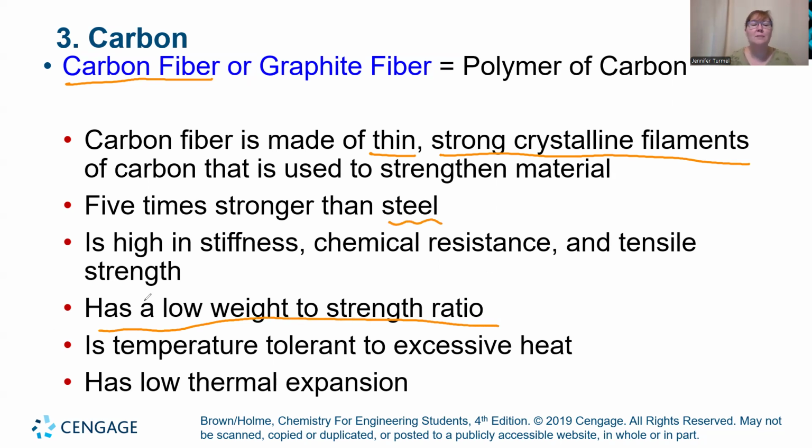When something has a low weight to strength ratio, that means basically that the strength of your material is high, and the weight or the mass of your material is low. And that basically means that you can make things that are very strong but don't weigh nearly as much as a metal or something, which again is worse for the environment to use.